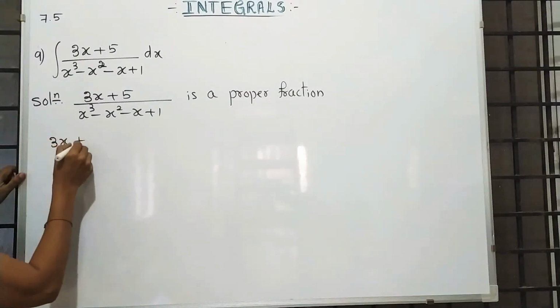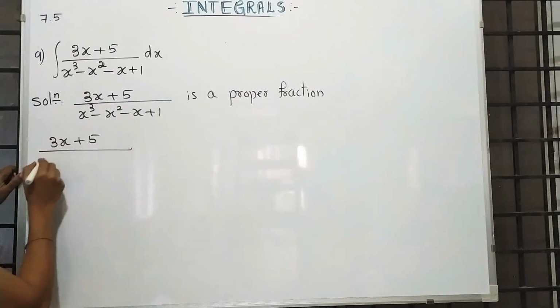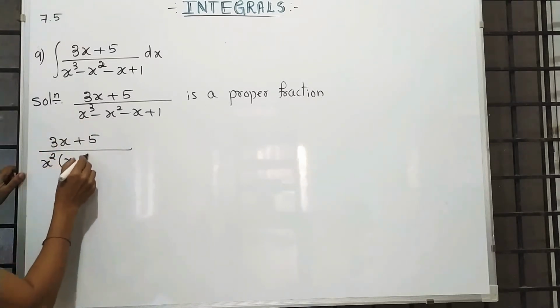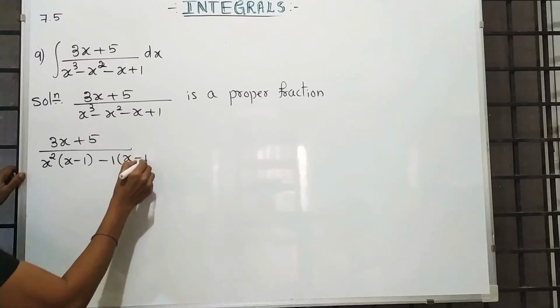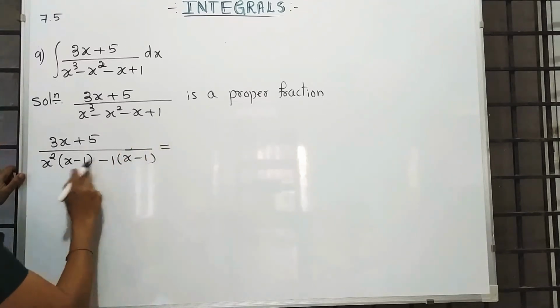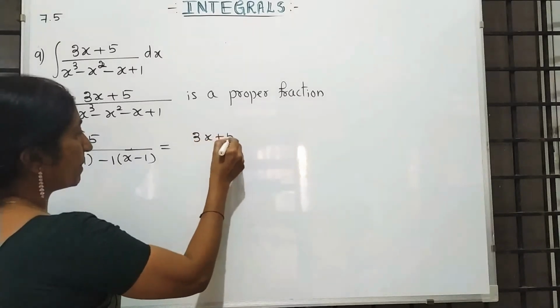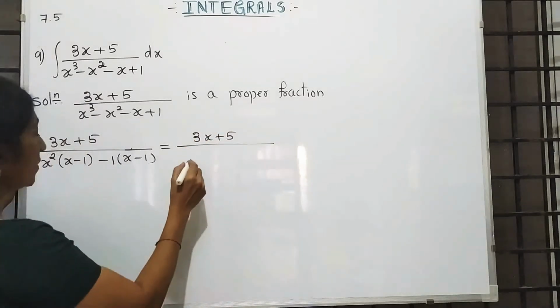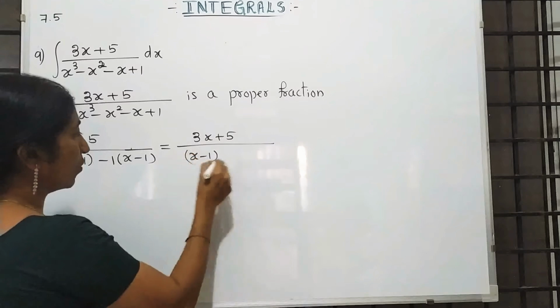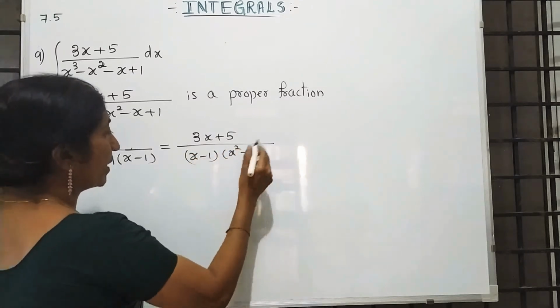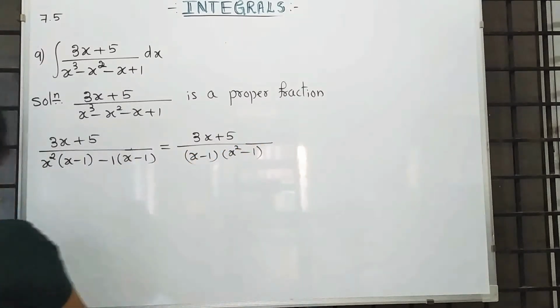See, before partial fraction, I am splitting the denominator. Here from first two terms x square common, x minus 1, next minus 1 common, x minus 1. Now which bracket is common? x minus 1 is common. 3x plus 5 upon x minus 1 is common and x square minus 1. Now we have one interesting thing here.